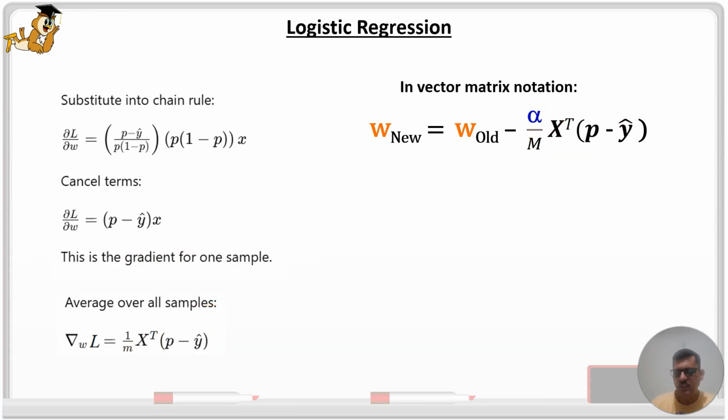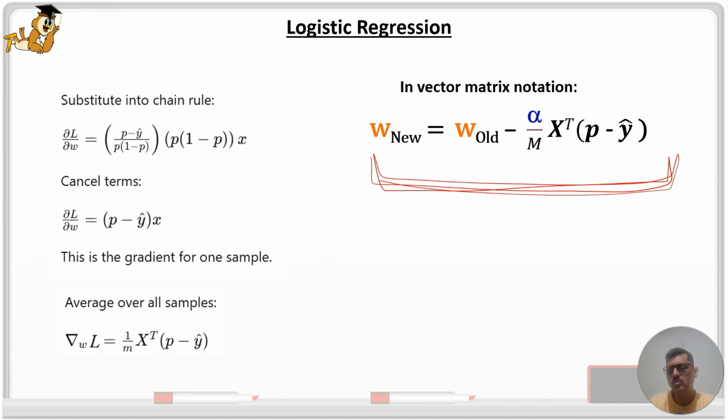So this is your iteration for gradient descent for logistic regression when you choose the sigmoid function and the log likelihood function as the objective function to be maximized, or put a negative sign and minimize. So this is what it all boils down to. You will agree with me that this is computationally simple.